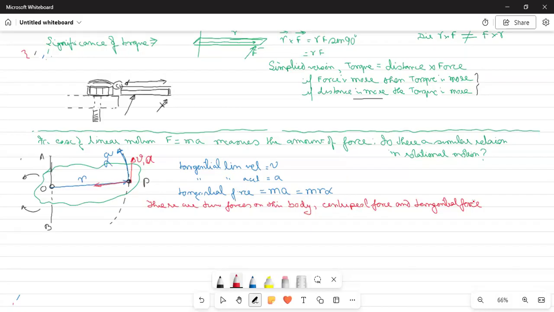Let this be very clear, because if I keep on writing, it will be too much writing. I repeat once again. As long as the body is rotating, there is a centripetal force. If the body is rotating with an angular acceleration, there is a tangential force.